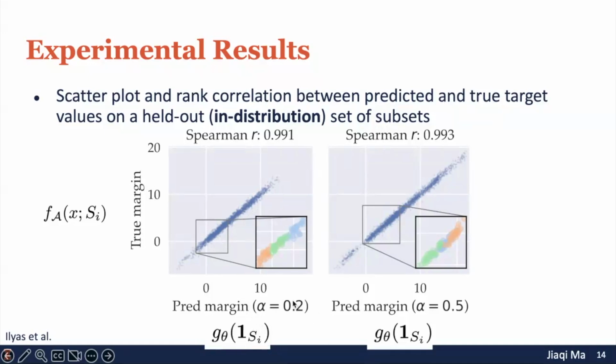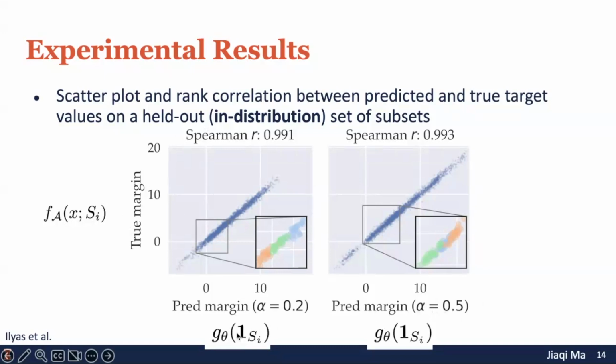So for example, here alpha equals 0.2 means when estimating the G function, we're using subsets with 20% of the data. And when we are doing evaluation, we're also using subsets with 20% of the training set. And here, similarly, it's 50%.